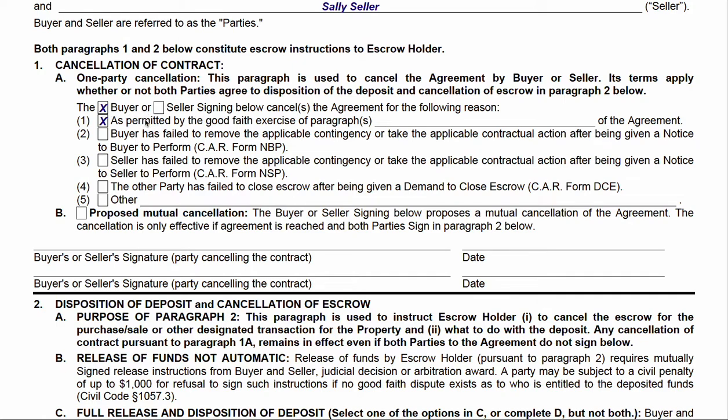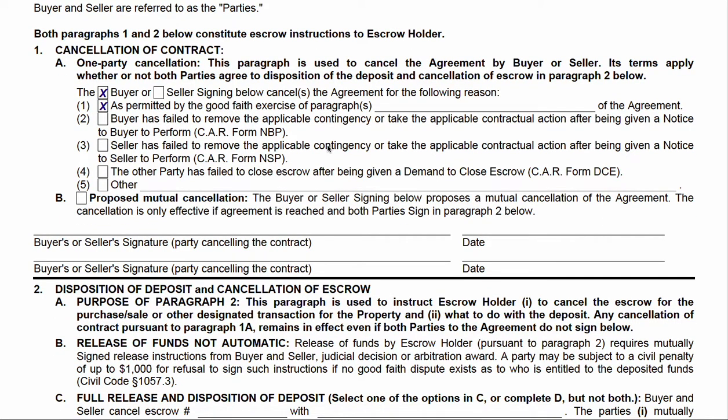That's who you're putting up here. And then I checked box number 1, as permitted by the good faith exercise of paragraph, and I would write paragraph 14. The reason why I would write paragraph 14 is because that's the section that gives the parties cancellation rights in the contract. If you have a special case, just refer back to the purchase agreement. But people typically write paragraph 14.